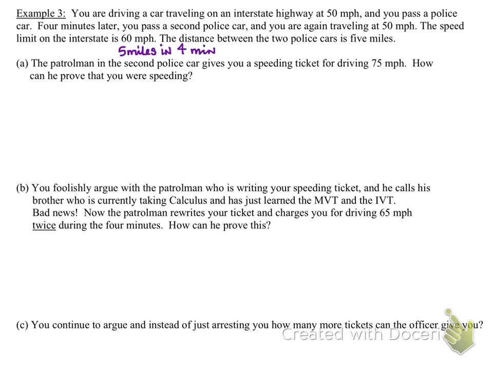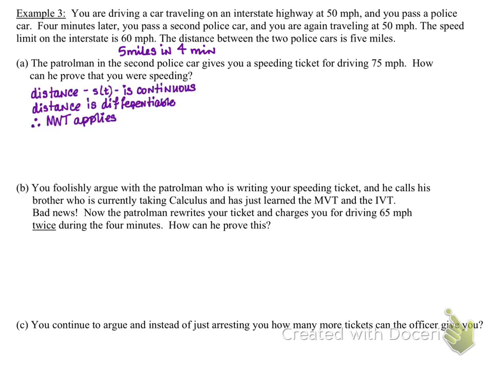Now, just using your intuition or common sense or tiny math abilities, not calculus math abilities, you know that you had to have gone more than 60 miles per hour. But now we're going to prove it using calculus. So first we need to show that we can actually use the mean value theorem. Distance is continuous and differentiable.